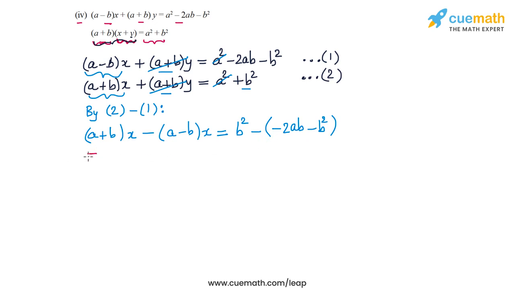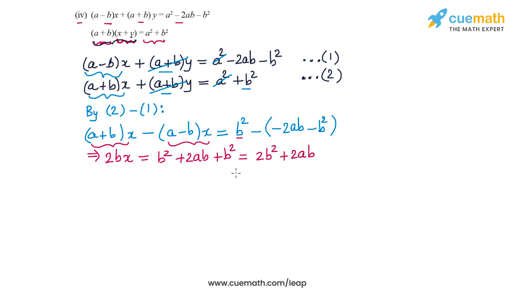Now let's simplify this. We have a plus b times x minus a minus b times x, so this will be equal to 2bx. And on the RHS, I will have b square plus 2ab plus b square, and this is equal to 2b square plus 2ab.